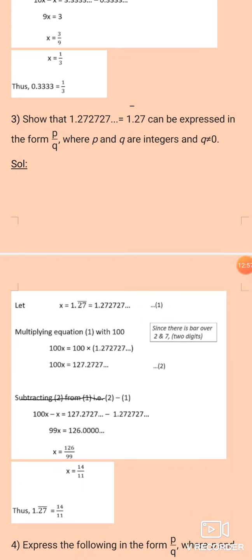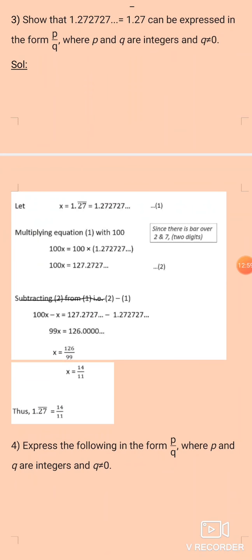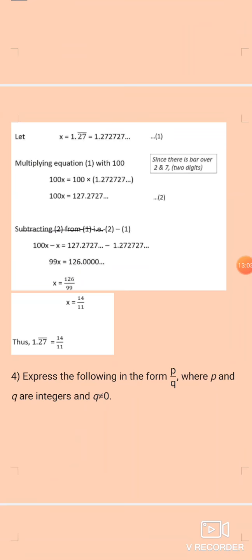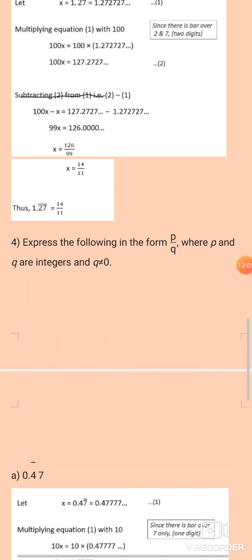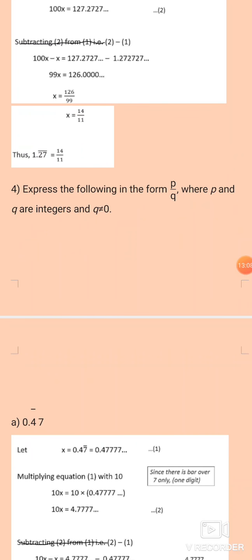Clear, students? Now the next one, listen. Express the following in the form P by Q, where P and Q are integers and Q not equal to 0. Same type itself. So listen carefully. In all these questions, the bar changes. First one, A. This is a textbook question.